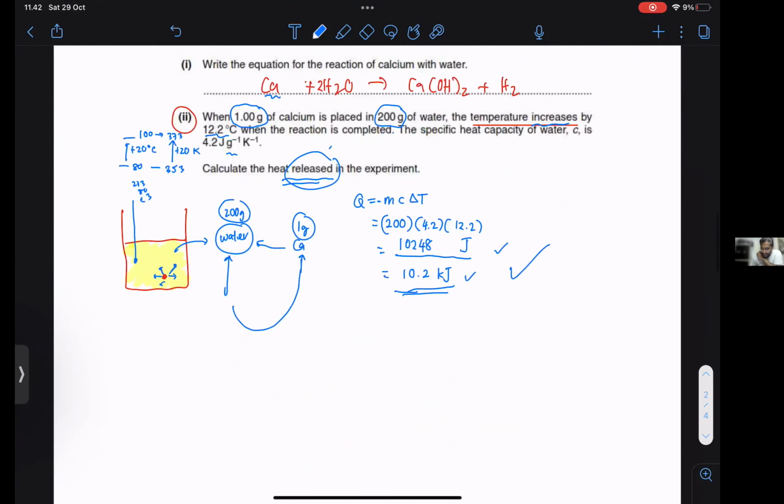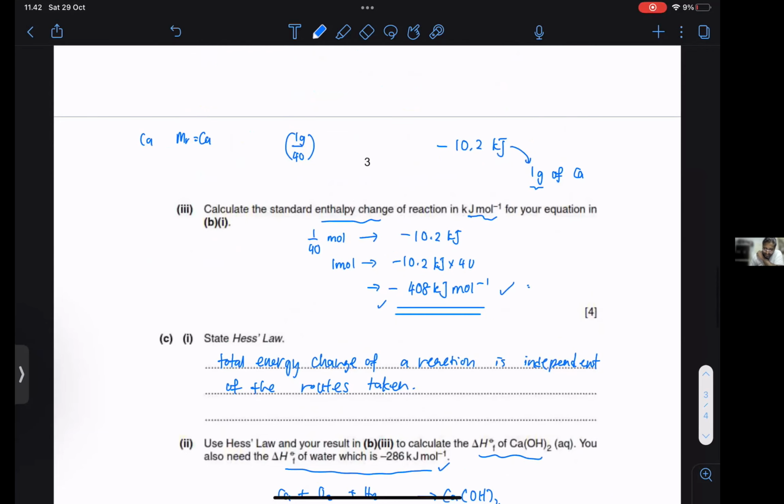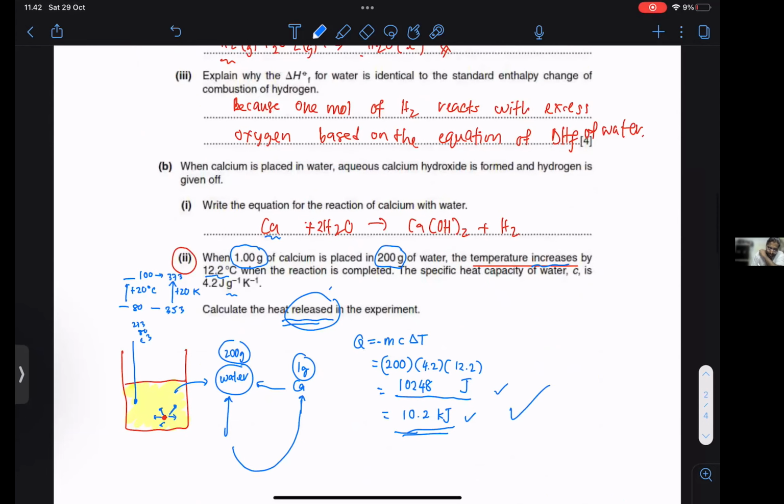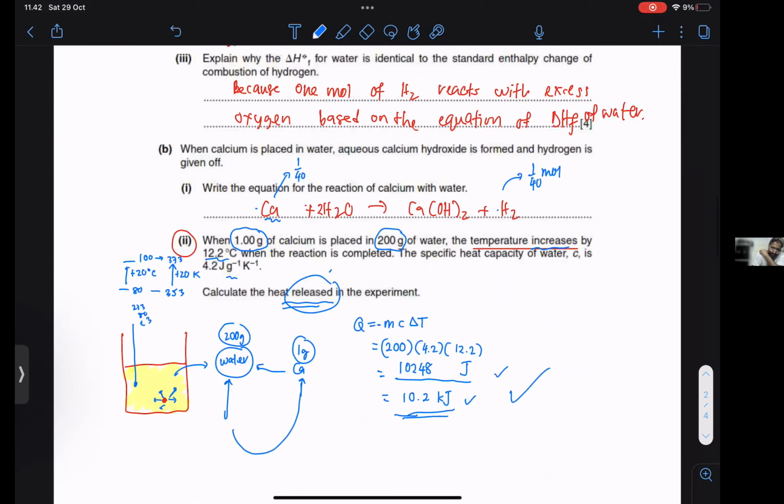In this case, just now we calculated 1 over 40. If this is 1 over 40 moles, how many moles over here? You see, 1 mole will give you 1 mole. So this is also 1 over 40 moles of oxygen.